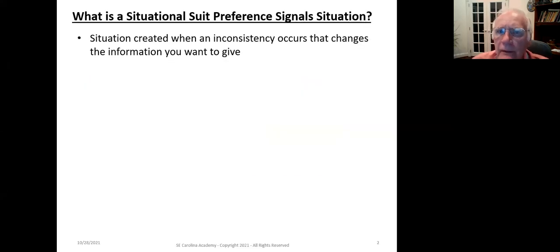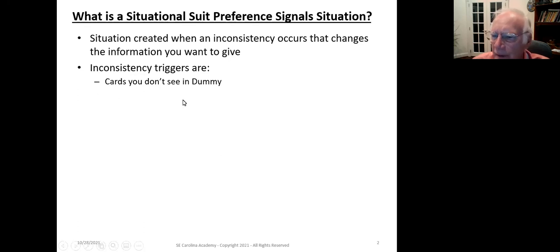What is a situational suit preference signal? It generally occurs when there is an inconsistency in what you see in the play of the cards or cards you see in the dummy that changes the information that you want to give. There's several different inconsistency triggers. The first one is cards you don't see in the dummy.